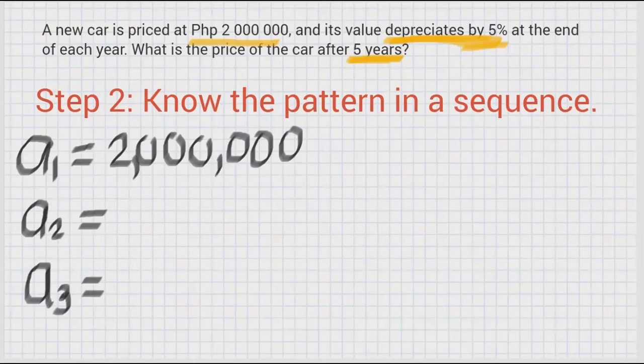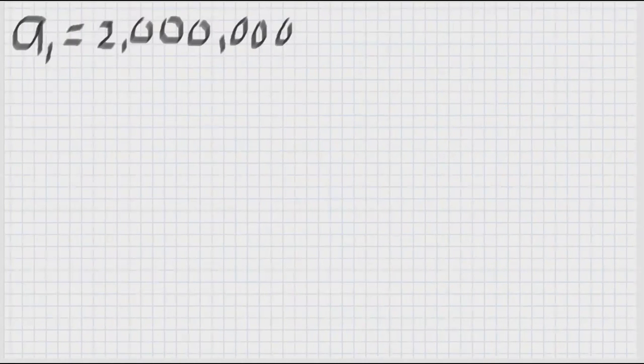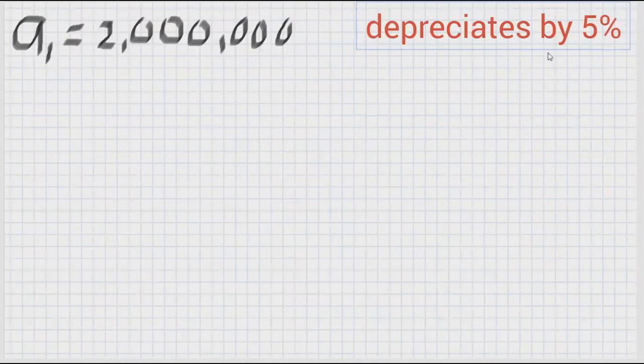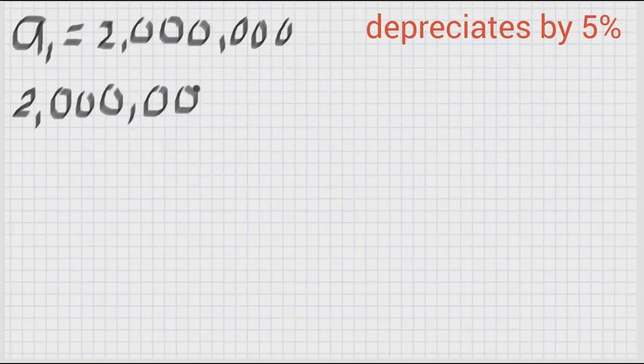In order to know the second term, since our first term is 2 million and the word depreciates by 5% means it lowers down, the 2 million lowers down by 5%. To know how much it depreciates, we need to get the 5% of 2 million.